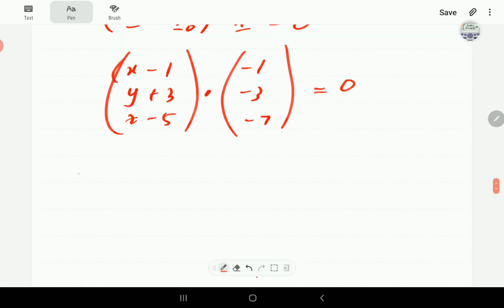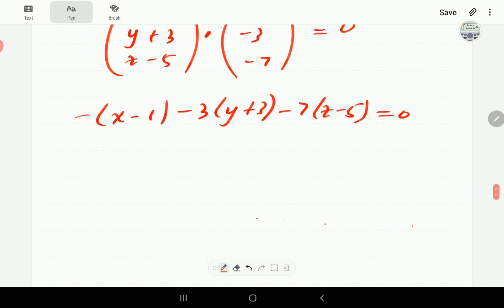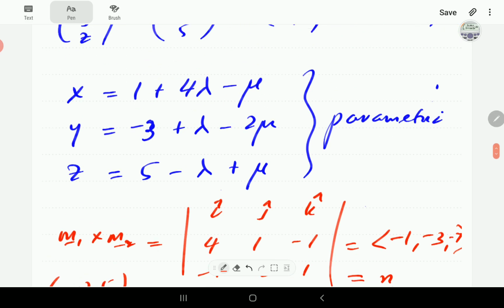If you work out this dot product, it's going to be negative (x minus 1) minus 3 times (y plus 3) minus 7 times (z minus 5) equals 0. So this is going to be x plus 3y plus 7z equals 27 if we remove those brackets. So that's that for the first plane.